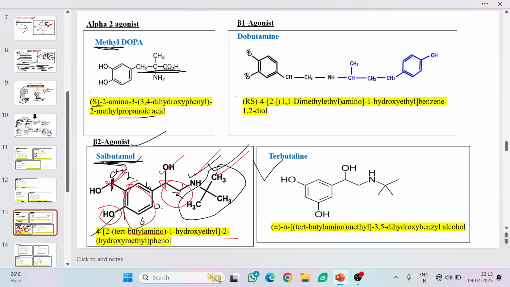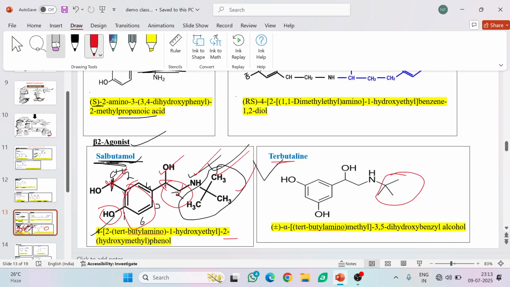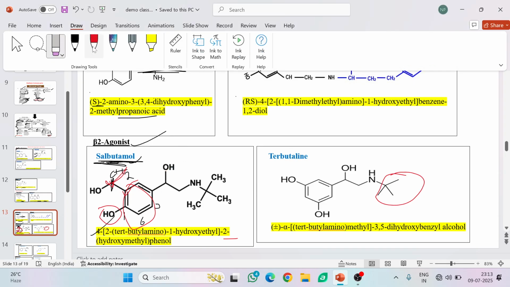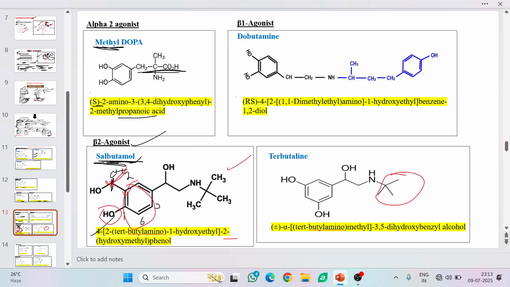Now terbutaline. What is the difference between salbutamol and terbutaline? You can see terbutaline also contains this tertiary butyl. This complete structure is the same.